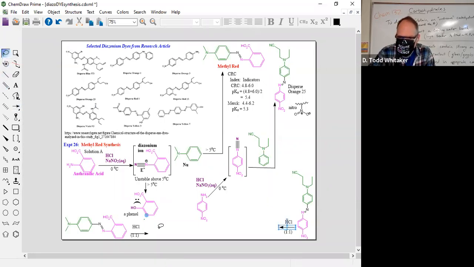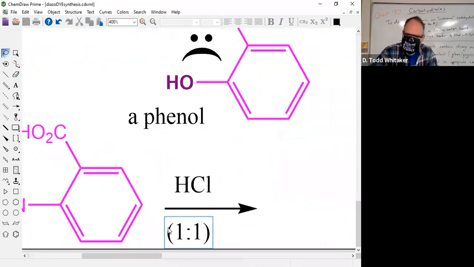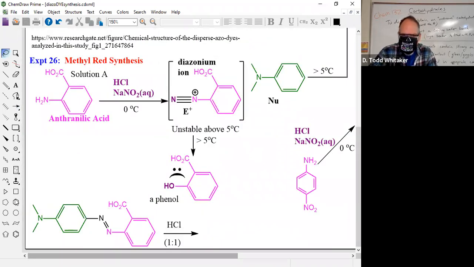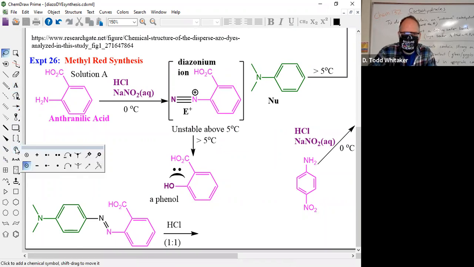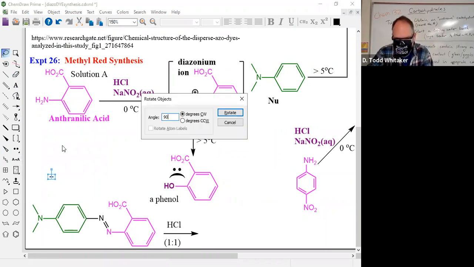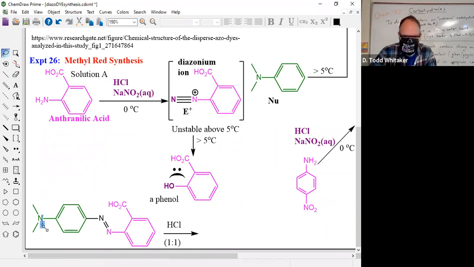Okay, so where does the proton go? Me and moving arrows again, not a happy camper. We're going to zoom. The mechanism tells you which nitrogen is the appropriate nitrogen. You've got a lone pair there.